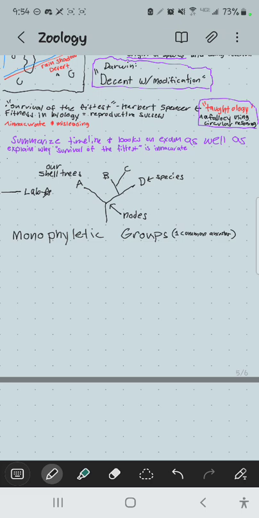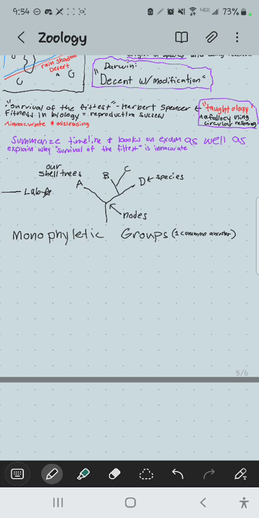So anyway, how you approach this is this. Each one of these letters represents a species. And I'll remind you that a species name is made up of a genus and species name together.